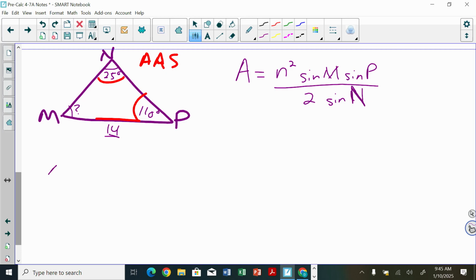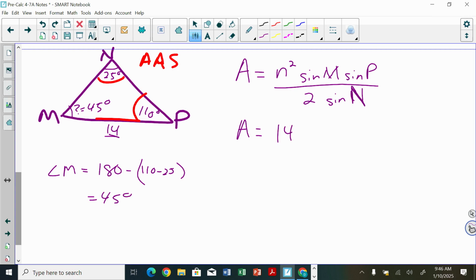Okay? Because I can find angle M really easy by saying 180 degrees minus the other two angles, and we figure out that it's 45 degrees here. Now I can plug in all the things I know.